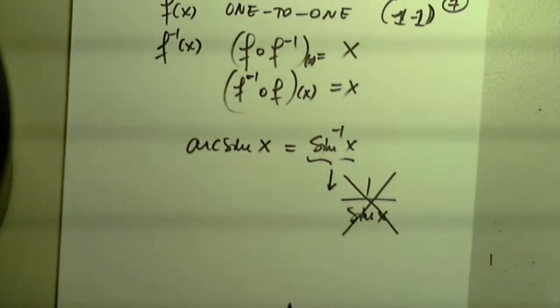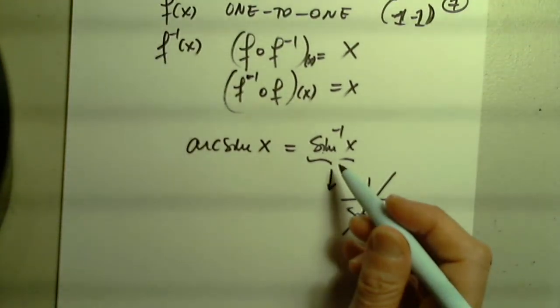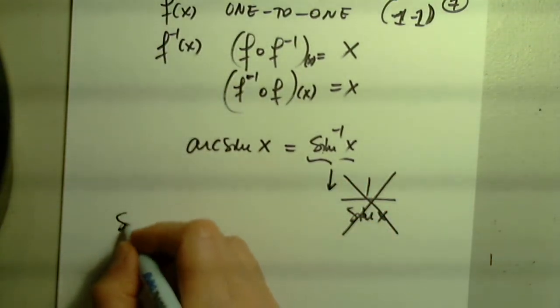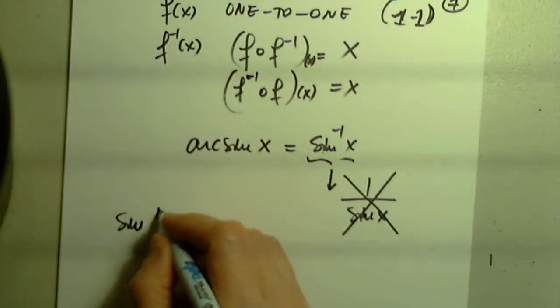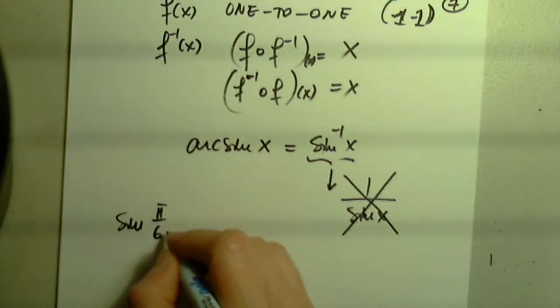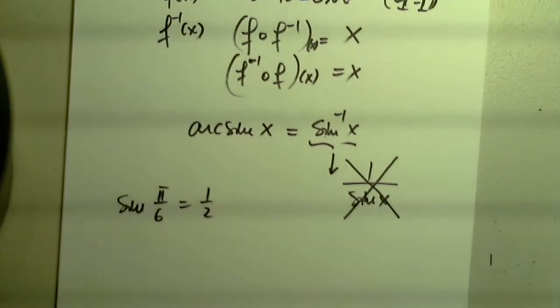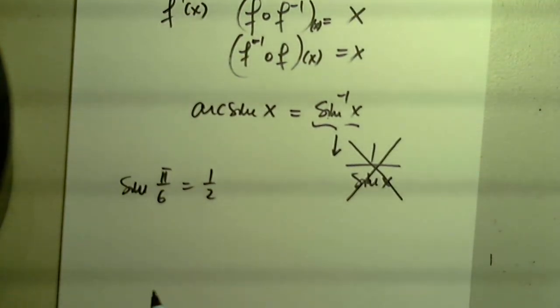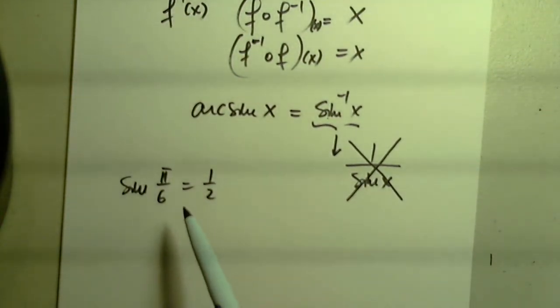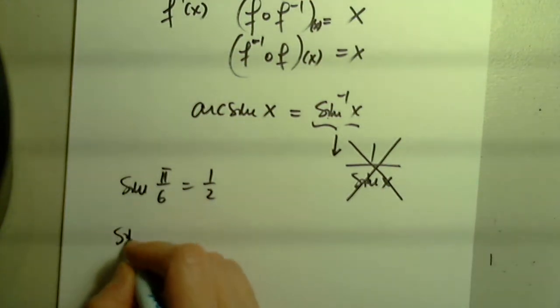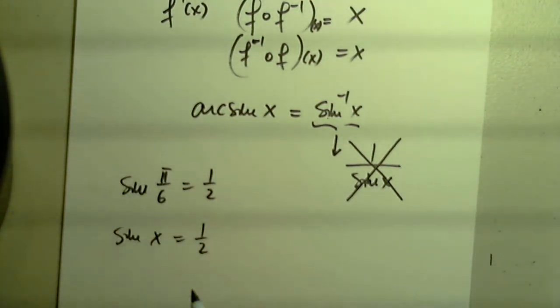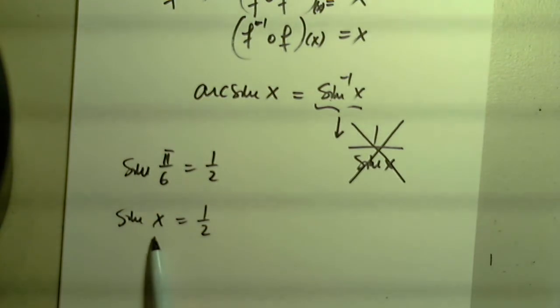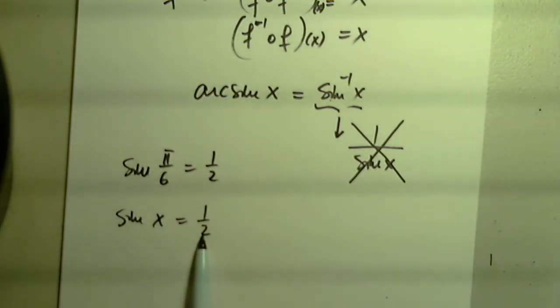So what is the inverse? Sine of pi over 6 is 1/2. We know that. Let me give a different example. Sine x is 1/2. How do I determine the angle whose sine is 1/2?